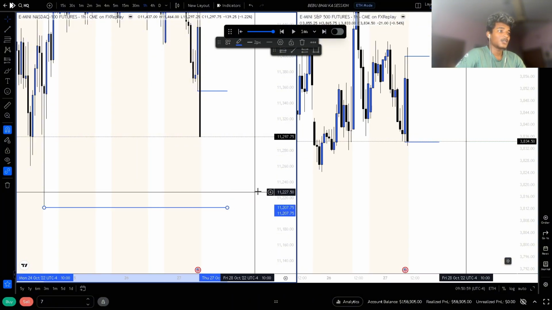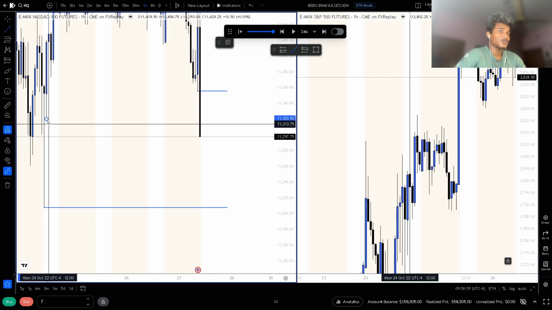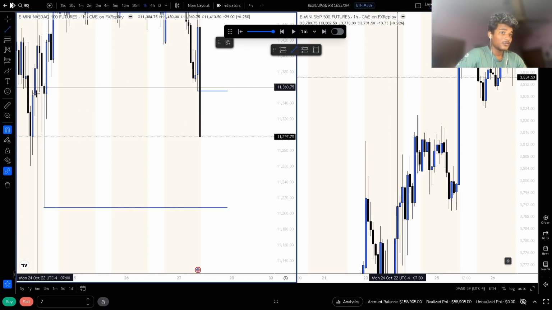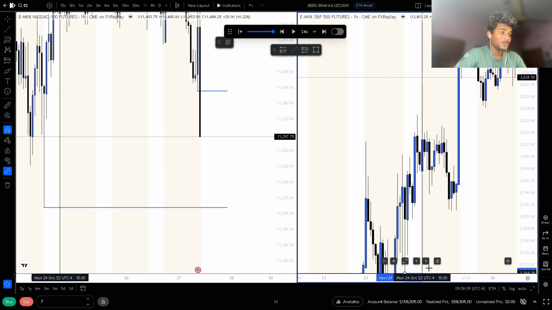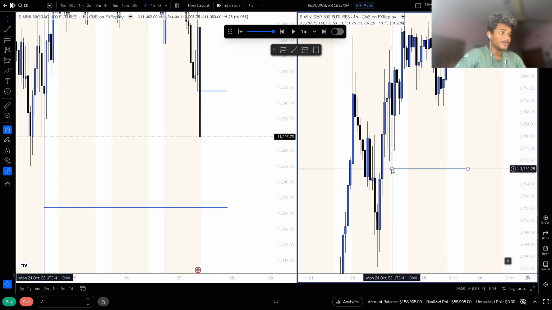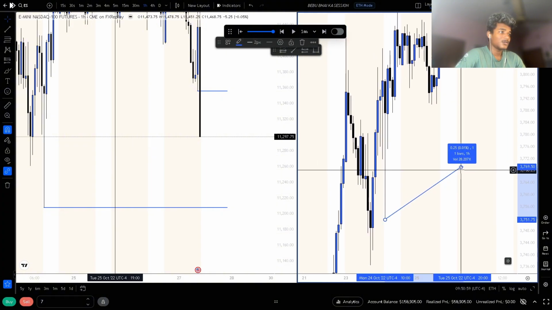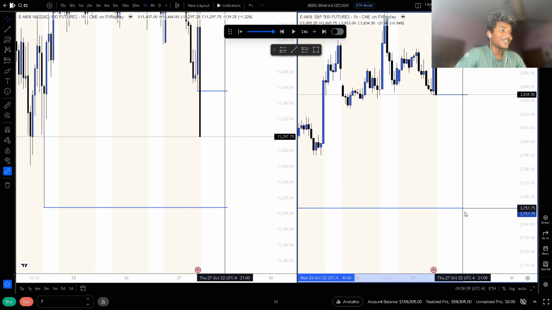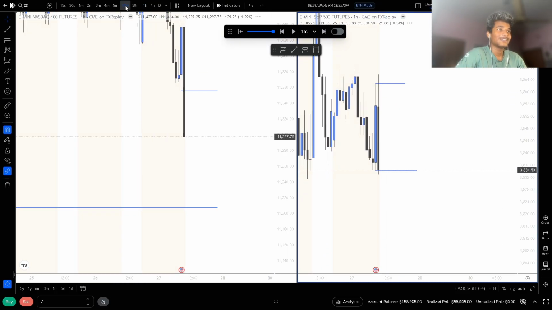Maybe the market is going for these lows. Where are these lows? These lows are a bit too much lower. Not actually a bit too much. A very high too much. Yeah, okay. I don't know what to say at this point of time.